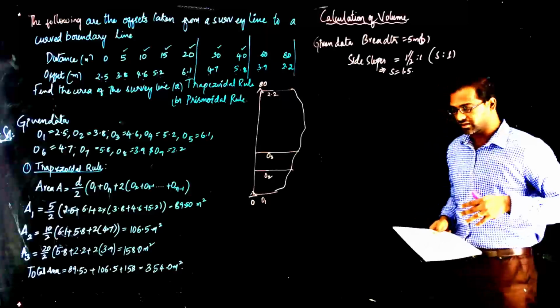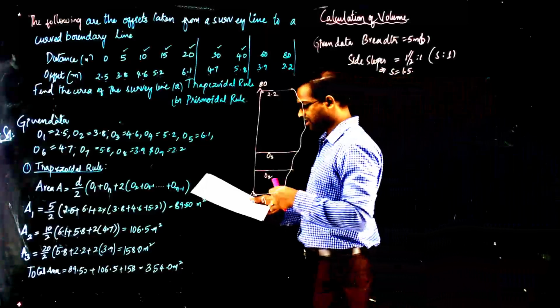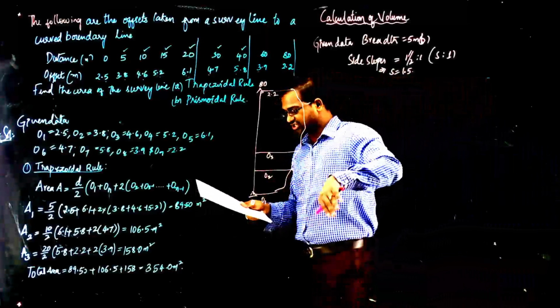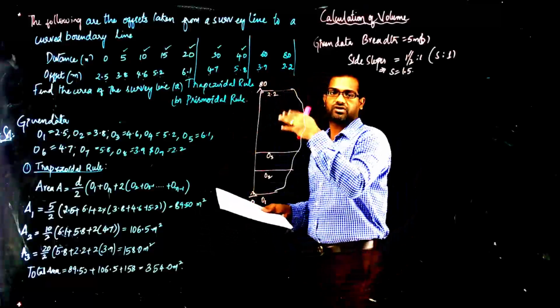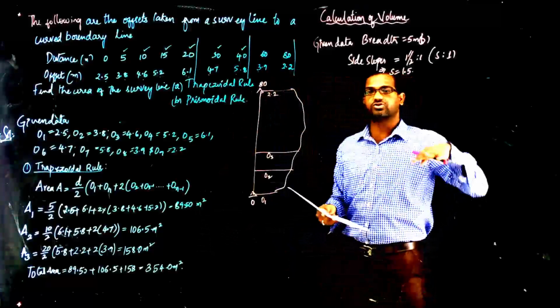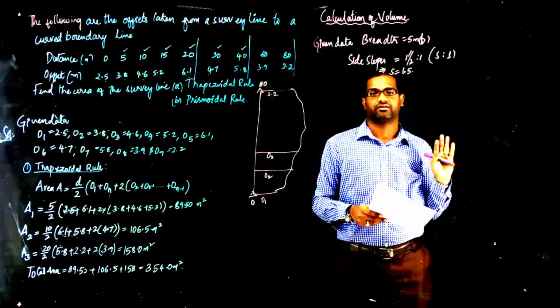If I am traveling along the cutting, there is no cross slope in that direction; it is exactly level.